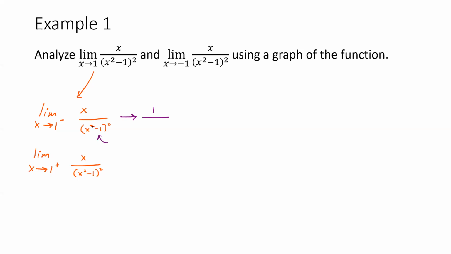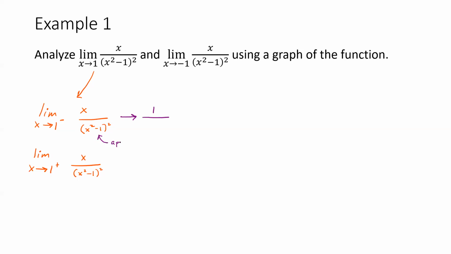So it's approaching 0 in the denominator. What can we say about the sign of the values in the denominator? In other words, am I always going to have a positive number or a negative number down here? Yeah, because you've got the square on the outside here, it's always going to be positive.